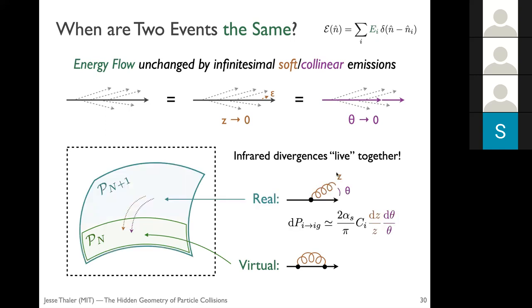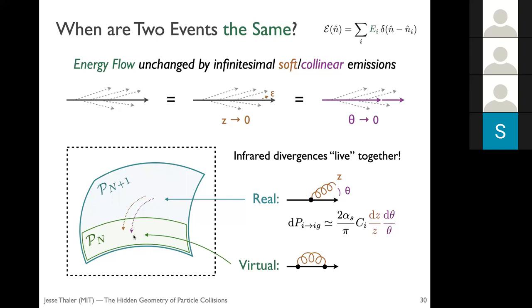Real emission diagrams, where I have an emission of a gluon with a momentum fraction z and an angle theta, live in this higher dimensional n+1 particle manifold. But in the soft and collinear limits, that is, where z goes to 0 or theta goes to 0, and I have singularities as governed by the Altarelli-Parisi splitting function, or by the dipole formula in the soft emission case, you end up reverting back down to the n-particle manifold.